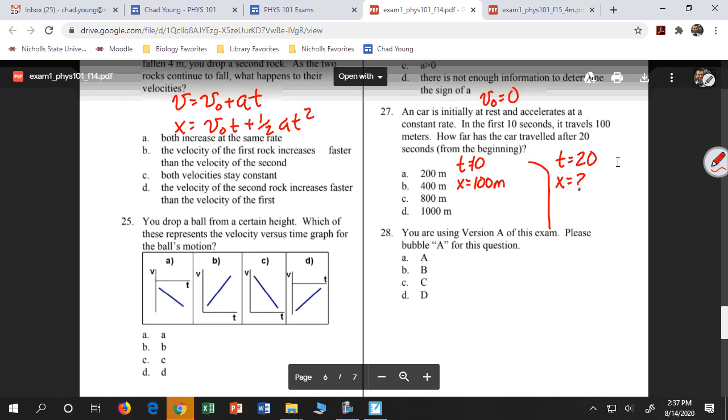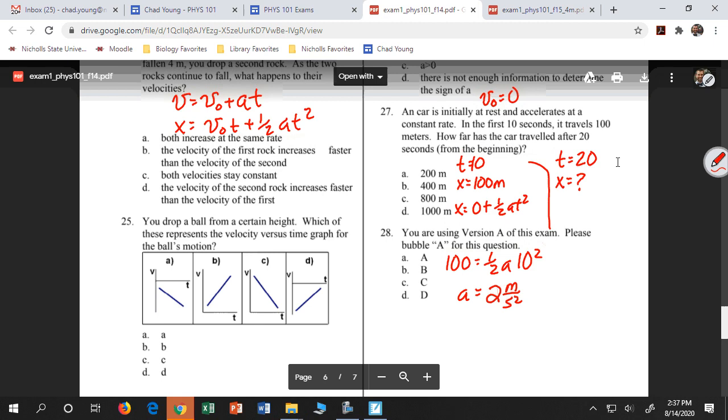So what I have to do here is I say X is equal to V naught T, which is just 0, plus 1/2 A T squared. And that means that 100 equals 1/2 A times 10 squared. So A is equal to 2 meters per second squared. So now I figured out that this object is accelerating at 2 meters per second squared.